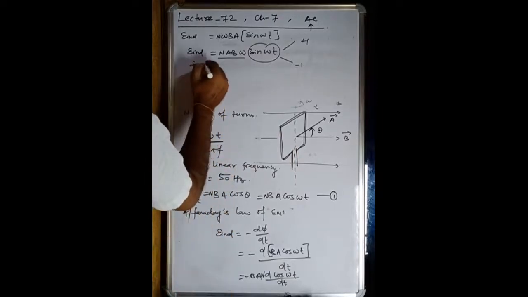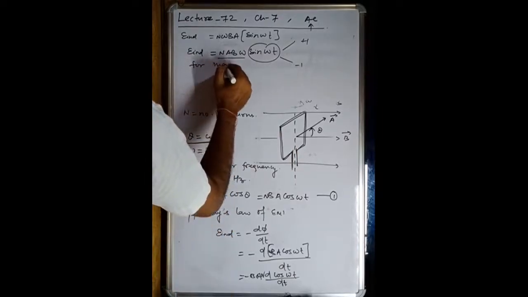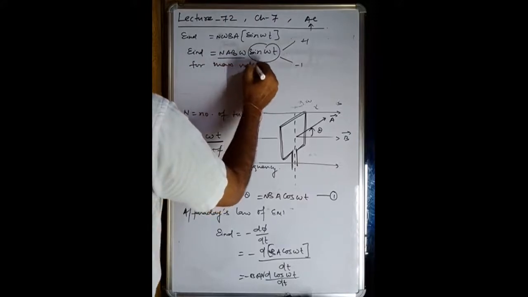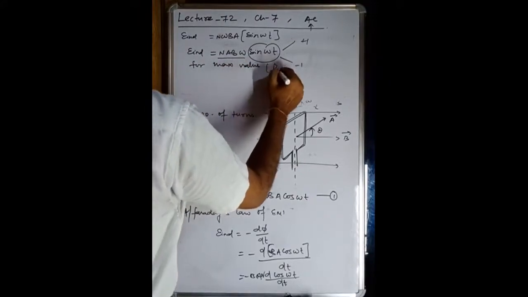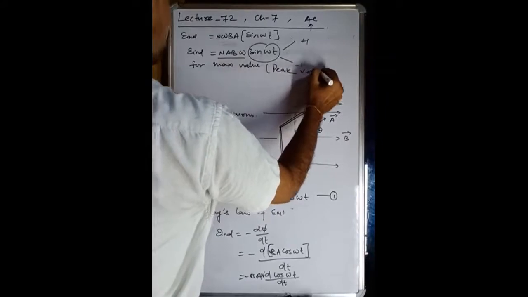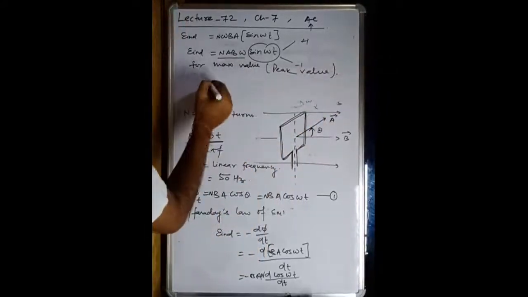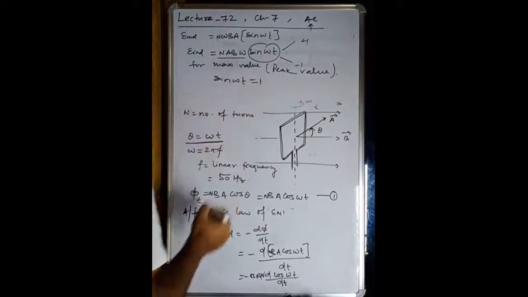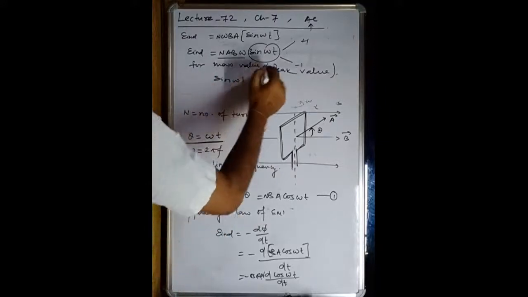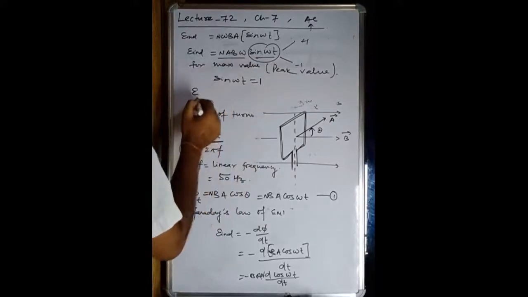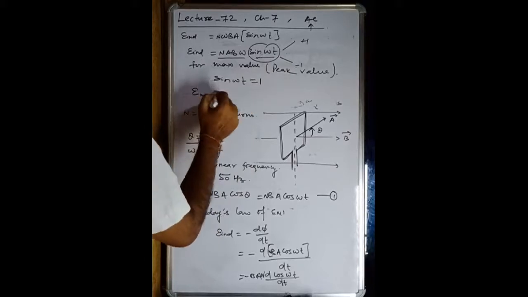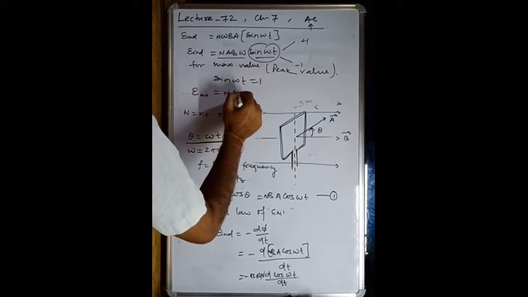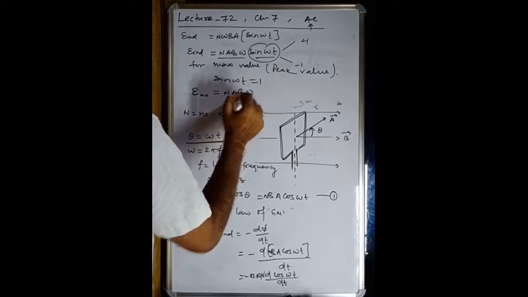For the maximum value, this is also called the peak value. Remember, sine omega t should be 1. And if it is 1, then E max will be NAB omega.